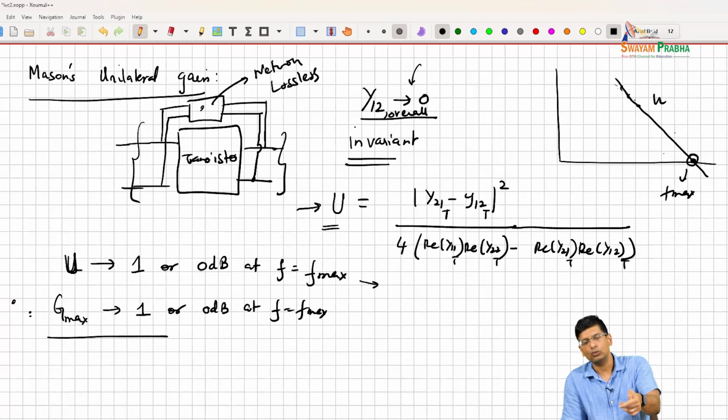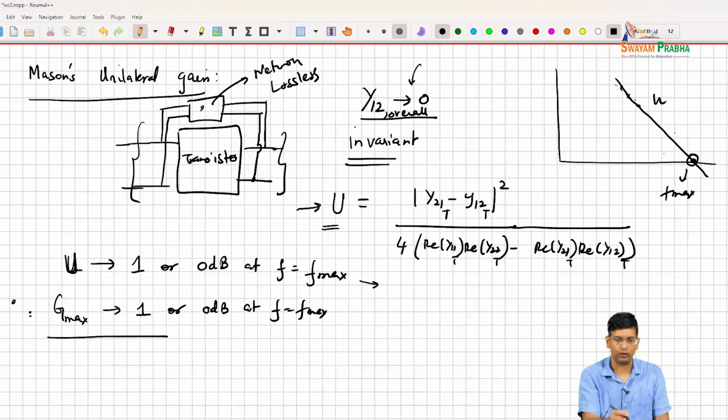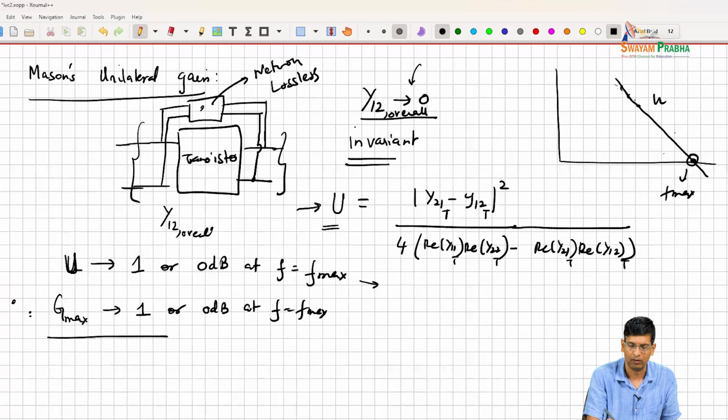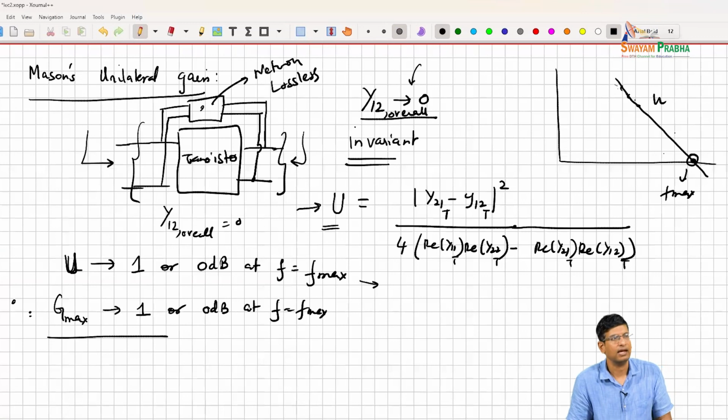Why is this useful? Another reason is that once you make the network y12 overall 0, then if you are looking to match the source and load impedance, they don't depend on each other, right?